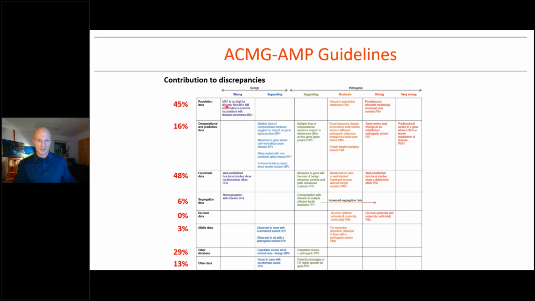For example, here it says minor allele frequency is too high, or here it says well-established study. So who is to say what is too high? That is only a question that can be answered by a gene-specific expert panel, in my eyes. The same holds true for well-established studies. So this is a point where the experts should further refine the criteria.